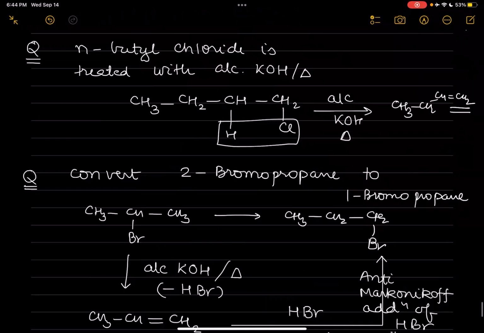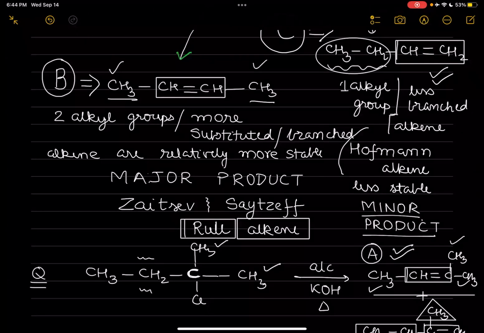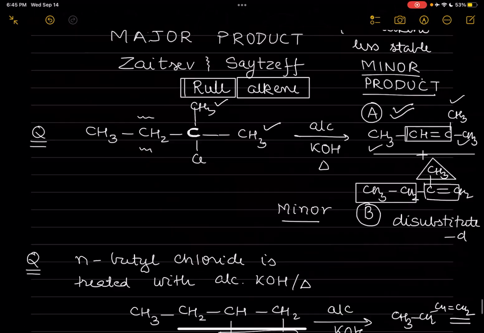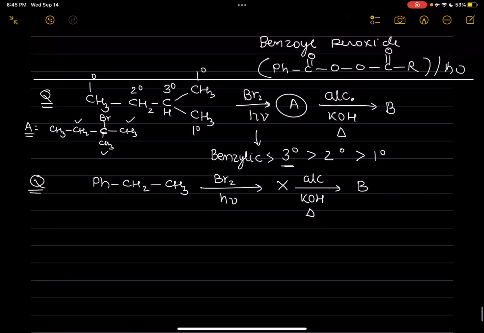Look at this rule which we studied in the last class. Which alkene is formed as the major product? It is only one Br, but from where should I remove the hydrogen? Should I remove from the methyl? Should I remove from the CH2?